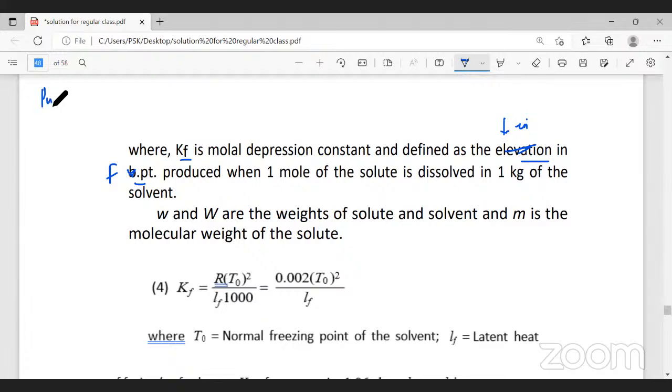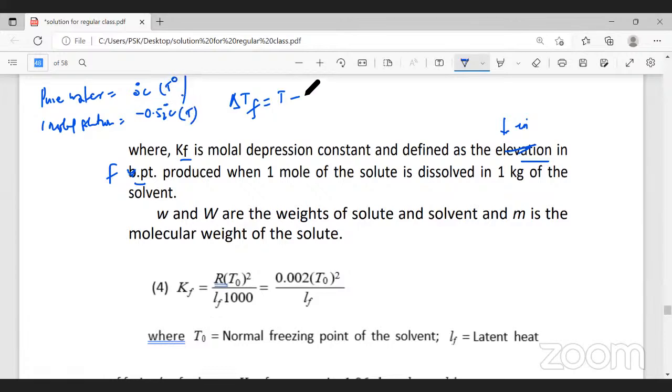Pure water freezes at 0 degrees Celsius. A 1 molal solution freezes at minus 0.52 degrees Celsius. So what is the molar depression constant? Delta Tf is equal to T minus, this is what? T naught, and this is what? T, we represent it. So T naught minus T, that is 0 minus of minus 0.52.